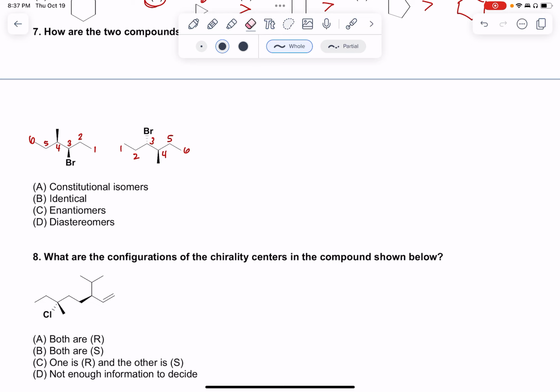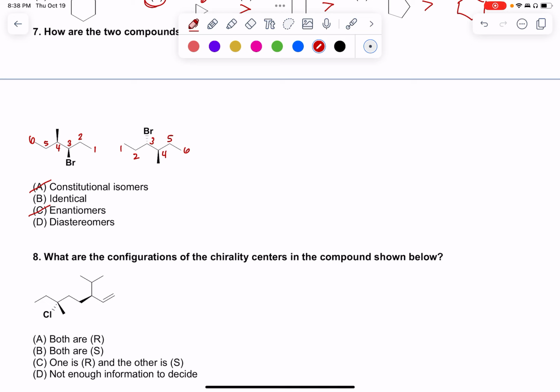All right, so now that I've numbered it, I can look and say, okay, we have the same molecule, so that's good. I mean, we have 2 chiral centers, and the chiral centers both have the same substituents. And it looks like we have 2 chiral centers. So it's not a mirror image. So it's not an enantiomer.